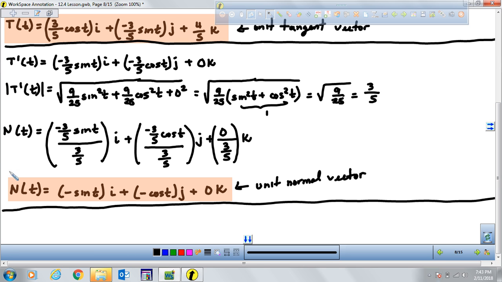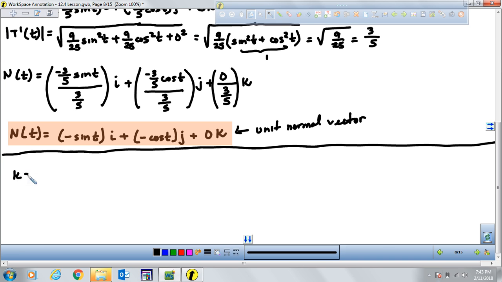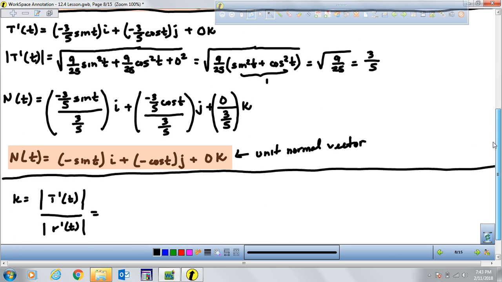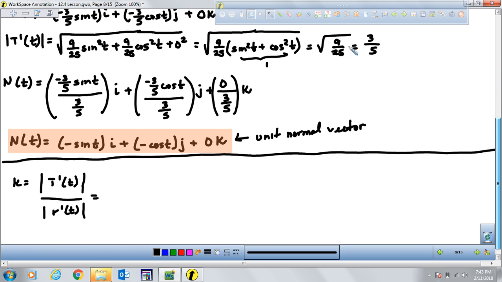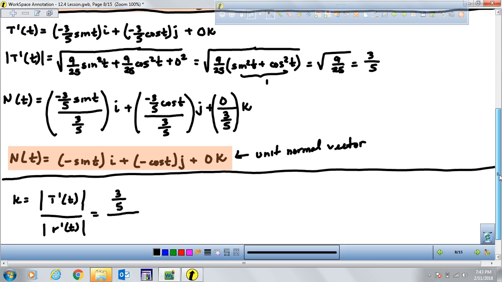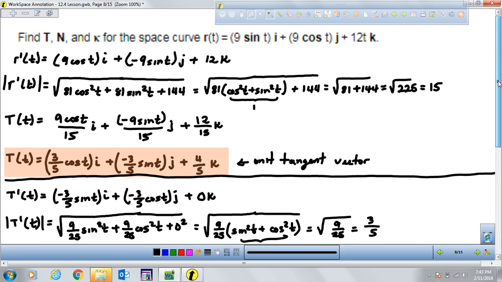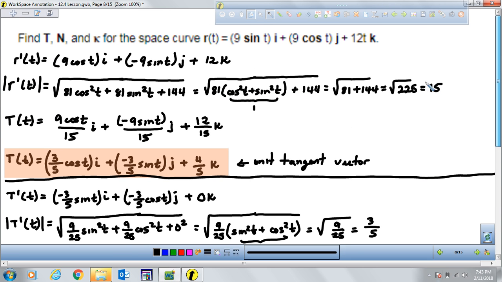Next, let's go ahead and find the curvature. To find the curvature, we need the magnitude of the derivative of the tangent vector divided by the magnitude of the derivative of the position vector. The magnitude of the derivative of the tangent vector was 3/5, divided by the magnitude of the derivative of the position vector, which was 15.